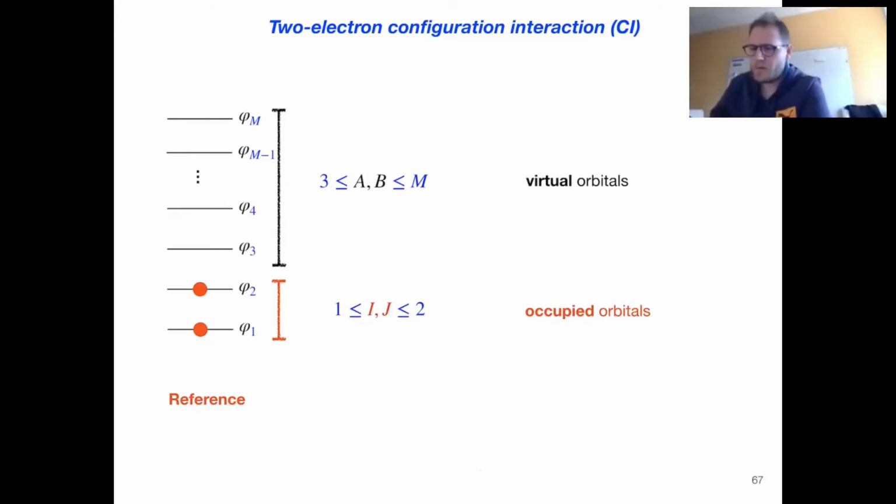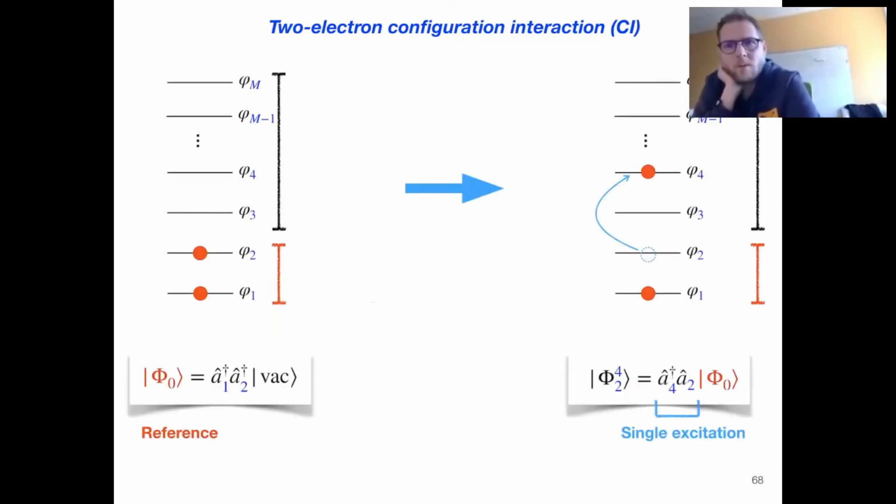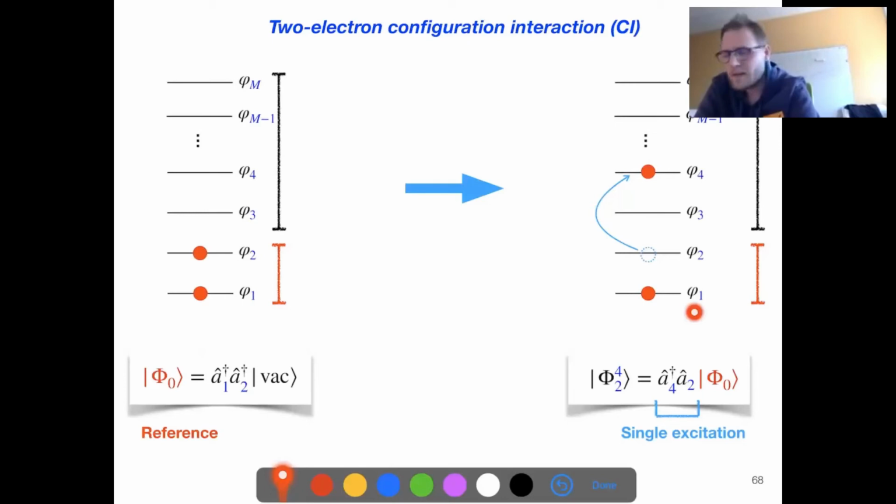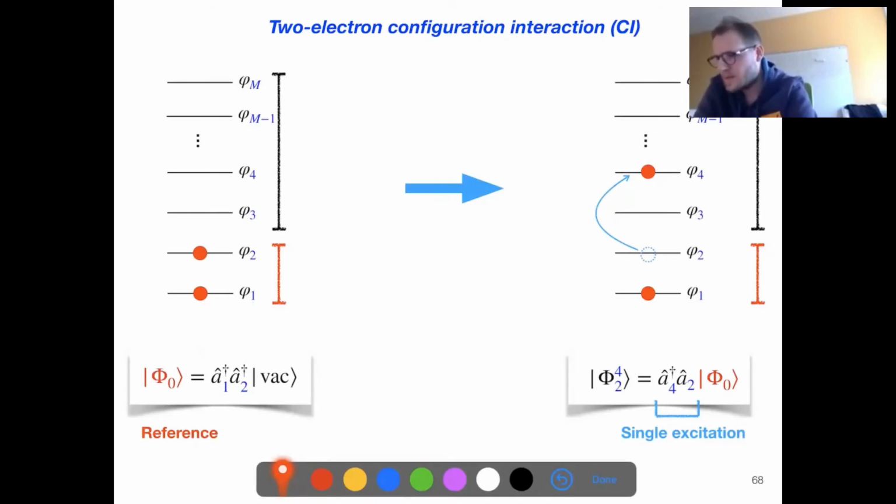If I want to generate all possible Slater determinants, I can do that through excitation processes. For example, I could leave an electron in the spin orbital phi 1, and then take the electron that is in the spin orbital phi 2 and move it into number 4, which is one of the virtual orbitals.